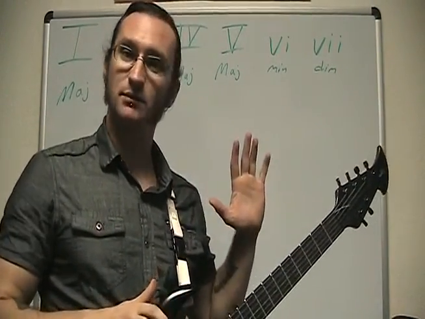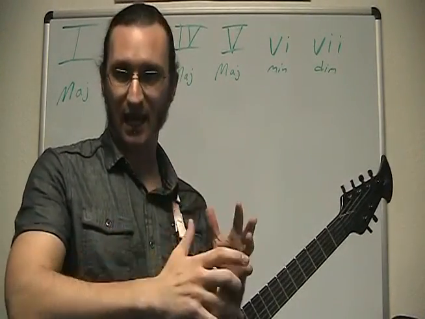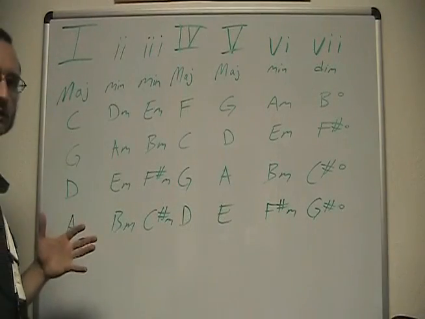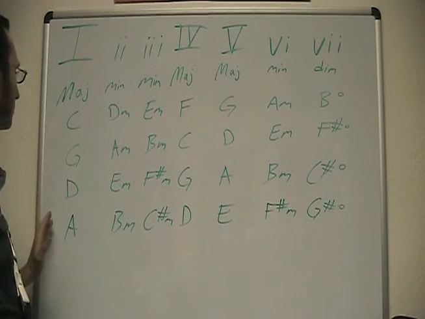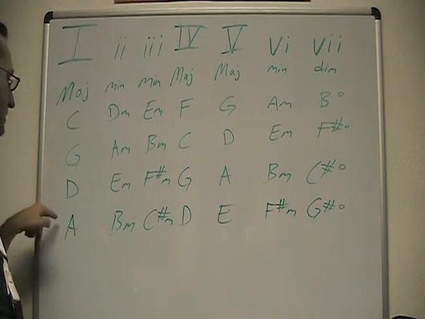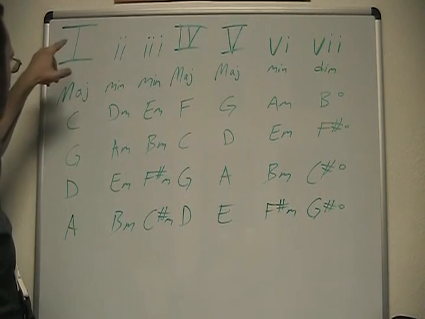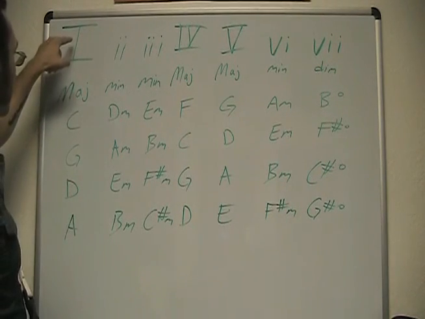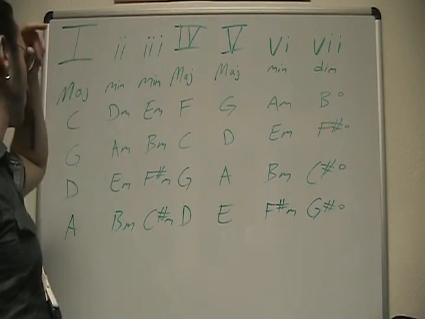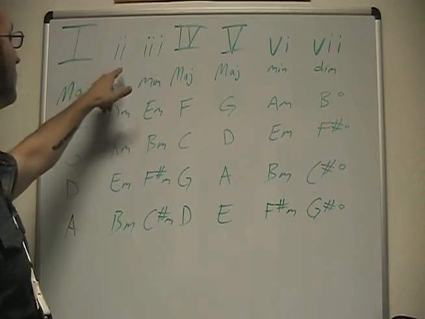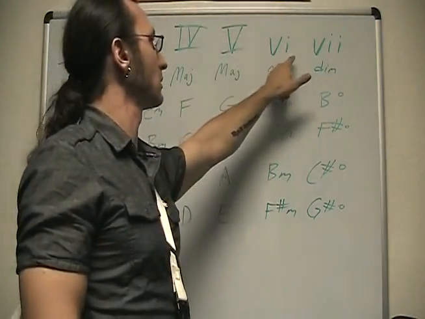So I'm going to write some examples up on the board of different keys so you can see how they all lay out together. Okay, so I already talked about key of C, but let's go ahead and look at that again. So if you look here, we got the key of C, G, D, and A listed up here. So as you see, everything under the Roman numeral 1 is major. And you may have noticed we have a capital letter for this Roman numeral, and then lowercase, lowercase, capital, capital, lowercase, lowercase.